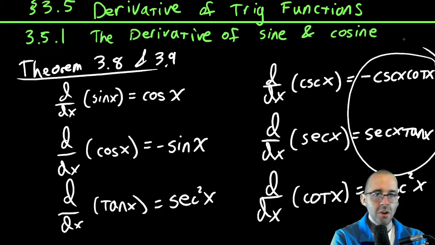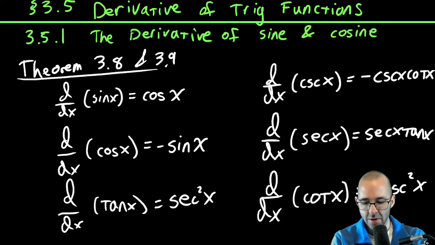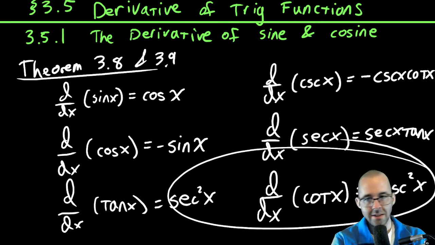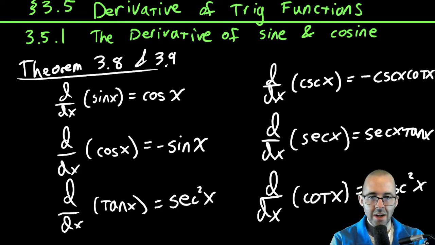Secant tangent, cosecant cotangent, almost the same thing. Derivative of sine and cosine, again, sine and cosine. And the negative goes on the one that was taking the derivative of a co-function. Tangent and cotangent, very similar derivatives. And there's just a negative on the cotangent derivative.